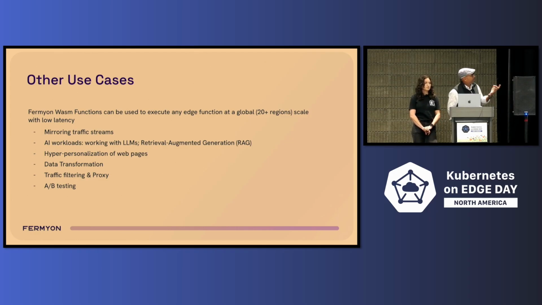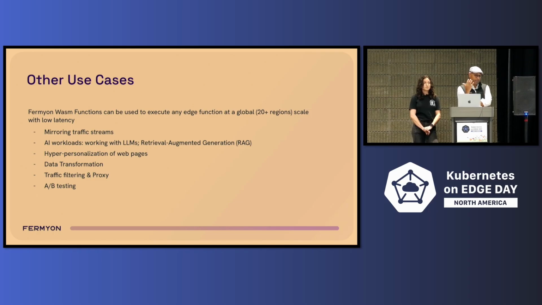Now, a couple of other examples that I have up here are mirroring traffic streams, where you can replicate live data at the edge for observability or replay without backhauling. You could do AI workloads, everything from LLM integrations to RAG pipelines pushed closer to users or devices. And as you're thinking about the things that we actually deal with sometimes at Akamai, hyper-personalization, which is edge logic that rewrites or paints pages based on user context or crawler type.